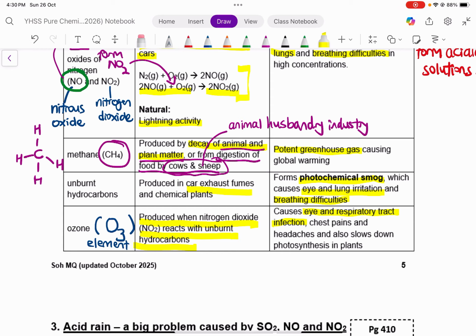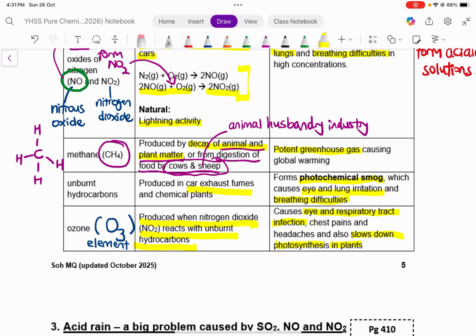So respiratory tract means your nose, your windpipes, your bronchi, your lungs. It can also cause chest pains and headaches. And ozone actually slows down photosynthesis in plants, which of course results in the plants dying. So ozone is not a nice gas to have when it's at surface or ground level.